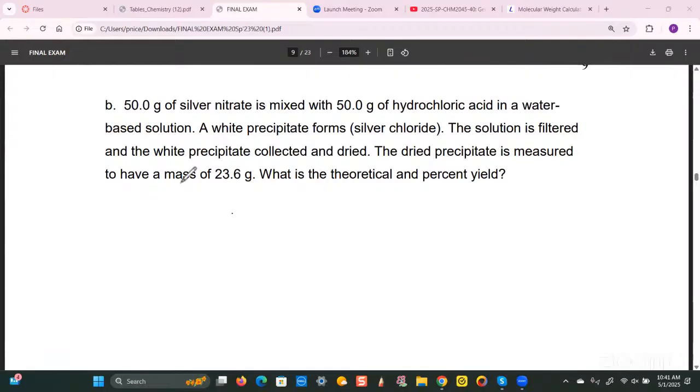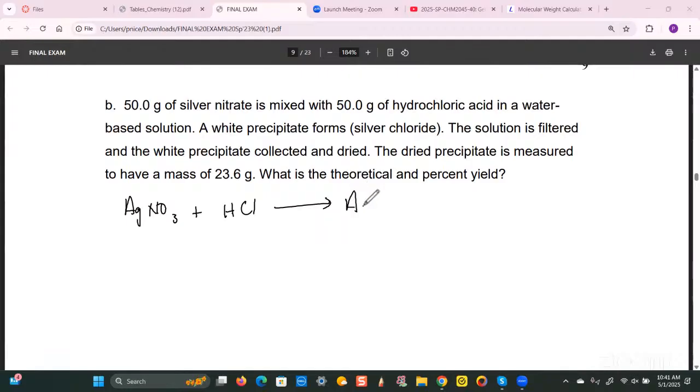Okay, so what would be the equation? What are the reactants? Let's start off with that first. Silver nitrate, okay, and hydrochloric acid. And they gave you one of the products, but you should be able to figure out the other product. So what's the product that they gave you directly?